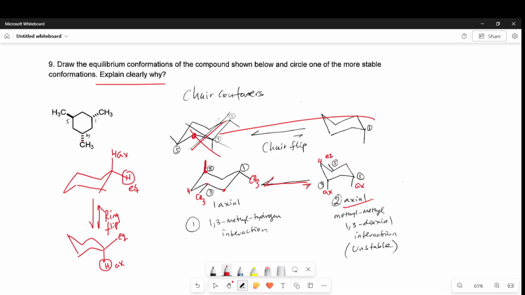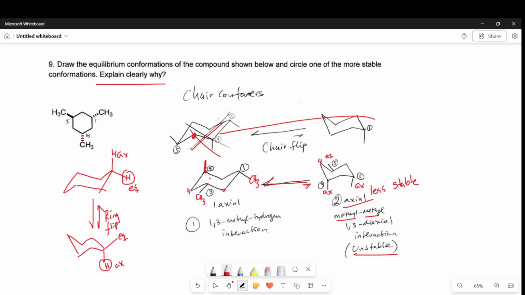So that is less stable, because there is a 1,3 diaxial interaction between these methyl groups. There are 2 of them, 1 to this and 1 to that. So there are 2 1,3 diaxial methyl-methyl interactions, which makes it unstable.